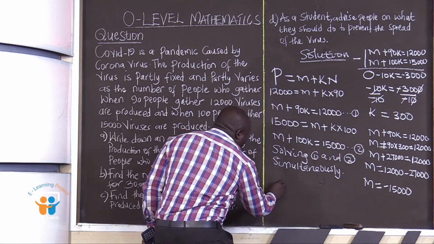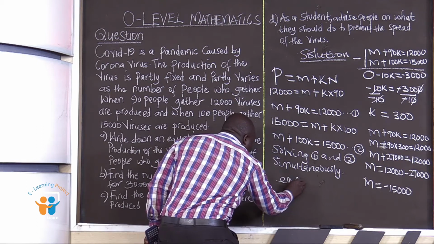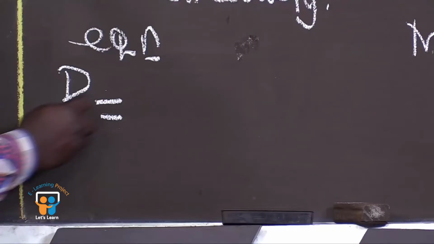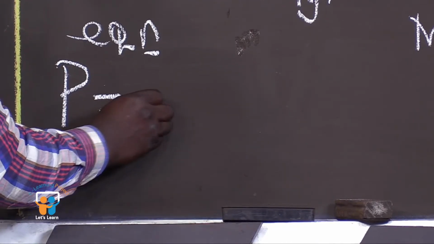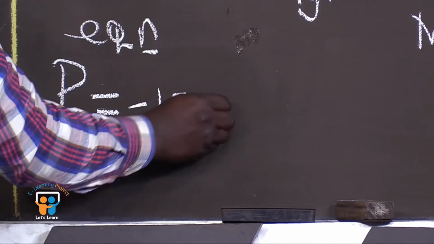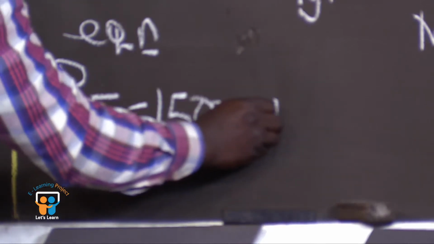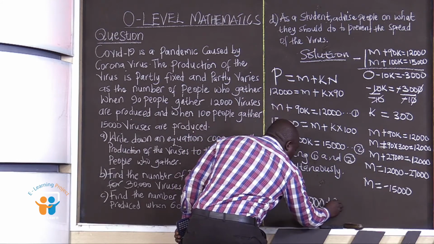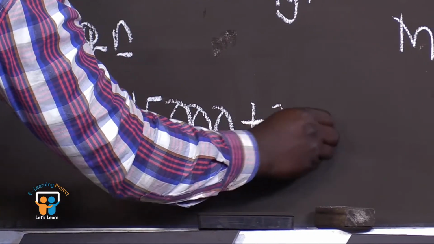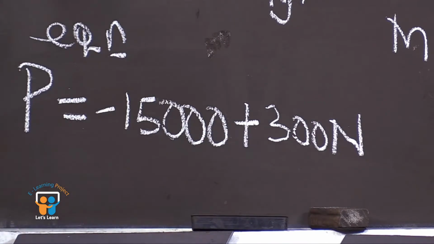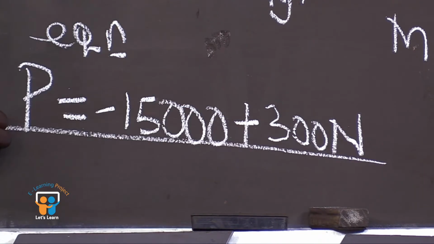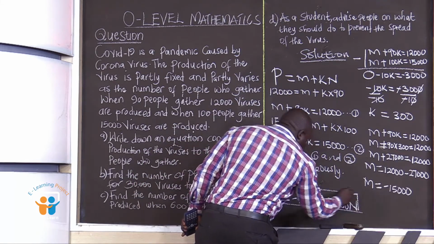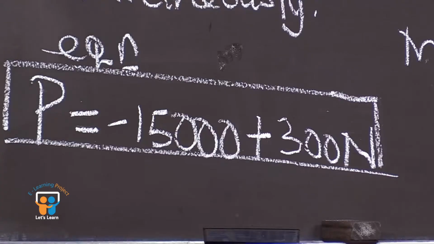Now we can write down our equation here. P equals negative 15,000 plus KN. What is the value of K? 300. N. So this is the required equation which they have told us to find.